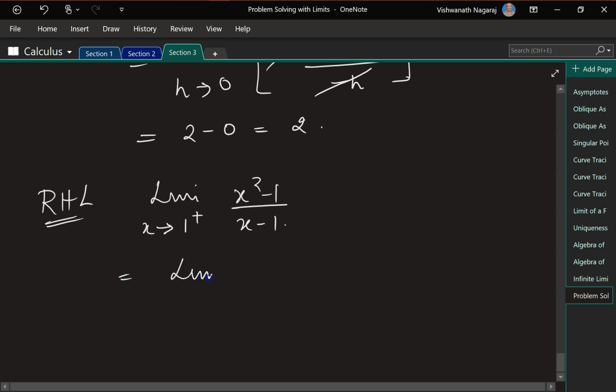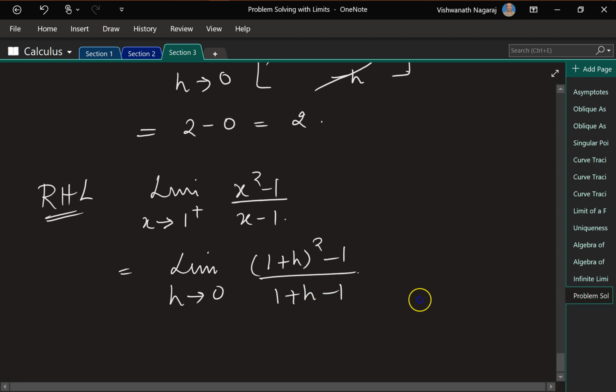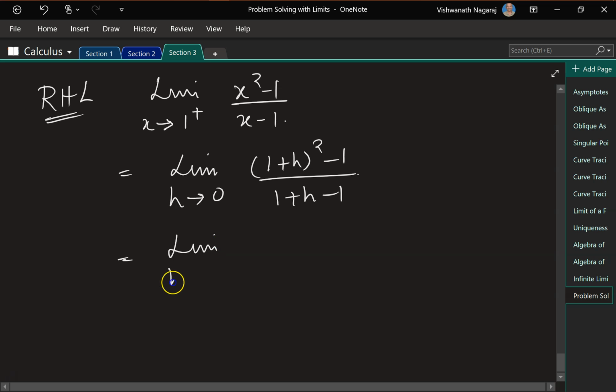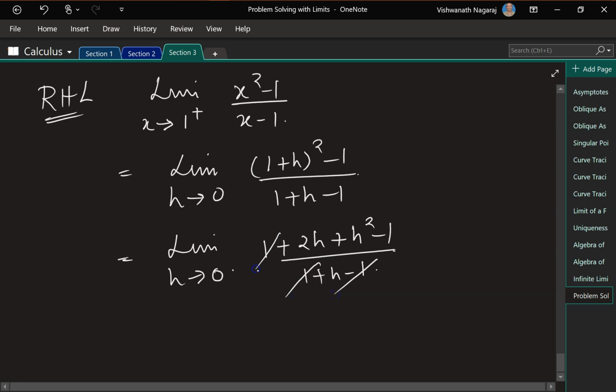So we can write this as limit as h approaches 0 of (1 plus h) square minus 1 by 1 plus h minus 1. So 1 plus 2h plus h square minus 1 by 1 plus h minus 1. This gets cancelled, this gets cancelled.